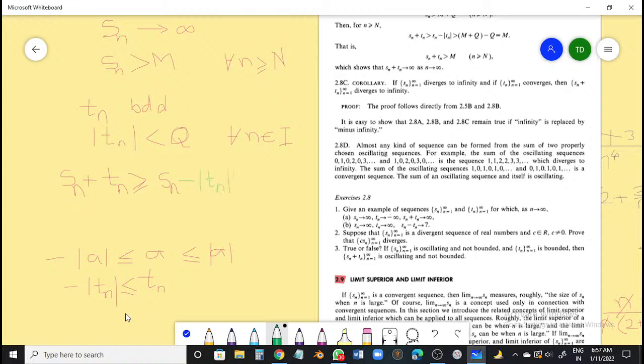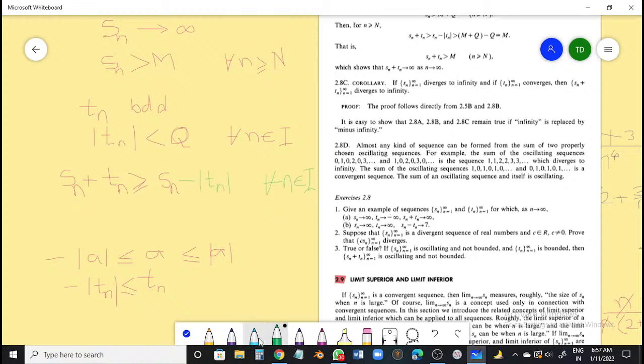Hope it is clear. Certainly this is for all n in I. Then this inequality we have to make use of.